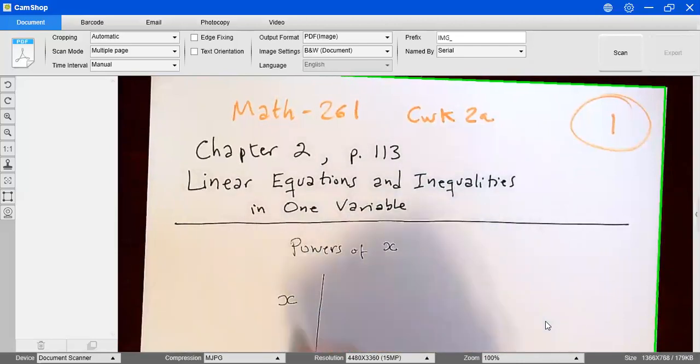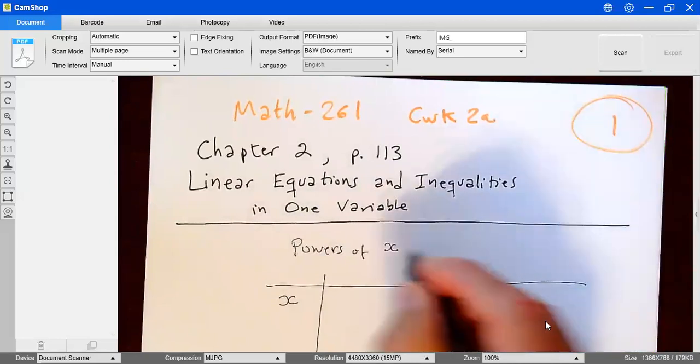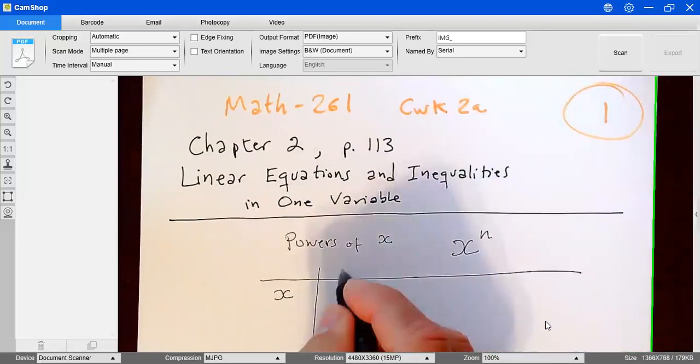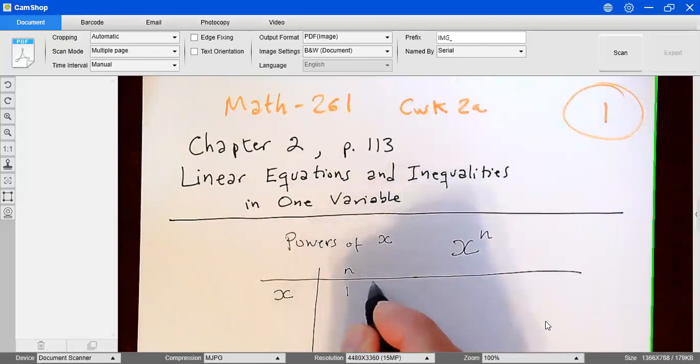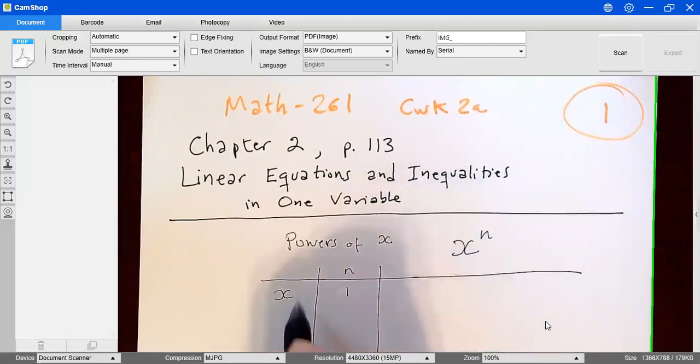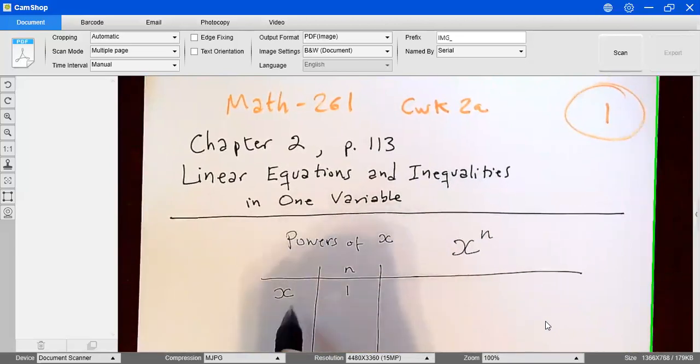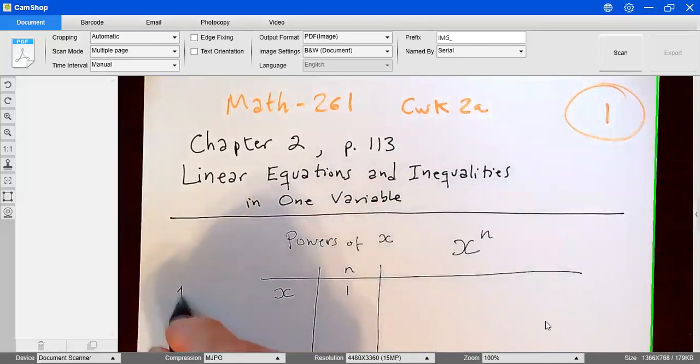The powers of x are x to the n. When the exponent is 1, usually you don't write the 1, but this is a convention that this is a variable raised to power 1. So this is the first power of x.